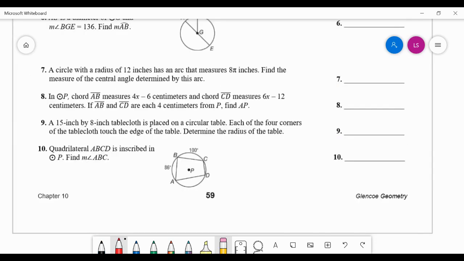Number 10, quadrilateral ABCD is inscribed in circle P. Inscribed means that its vertices are touching the edges of the circle. That's what inscribed means. Find angle ABC. So we're looking for this angle right here, ABC. Let me erase that.